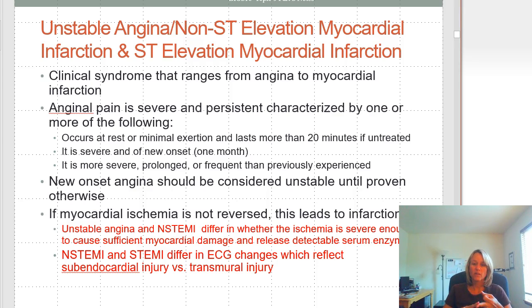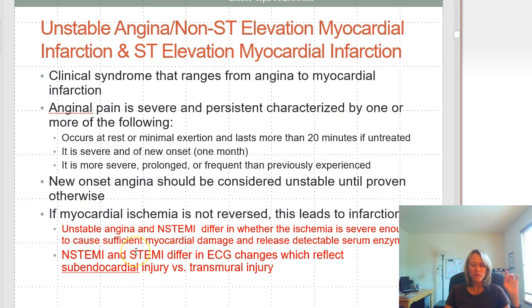It is severe and of new onset, like less than 1 month, as opposed to stable angina, which has already been detected and diagnosed. It is more severe, prolonged, or frequent than previously experienced. So unless we know what it is, any new onset angina should be considered unstable until it is proven otherwise.